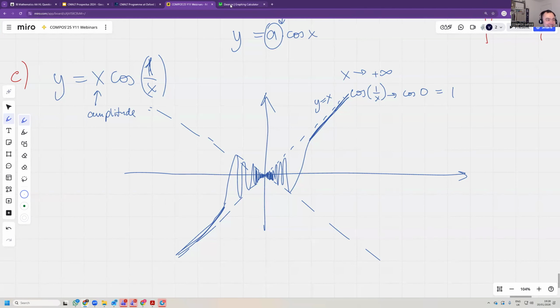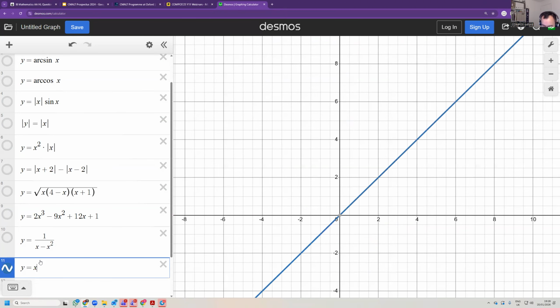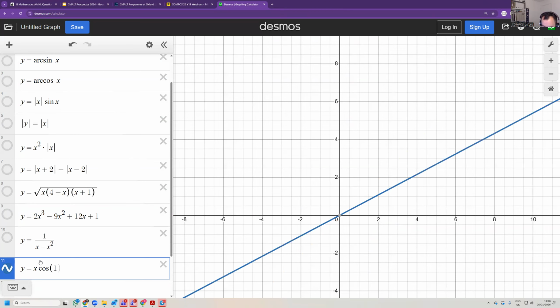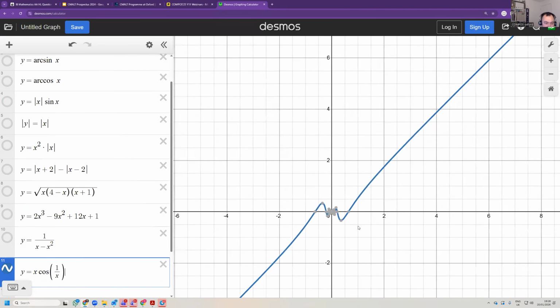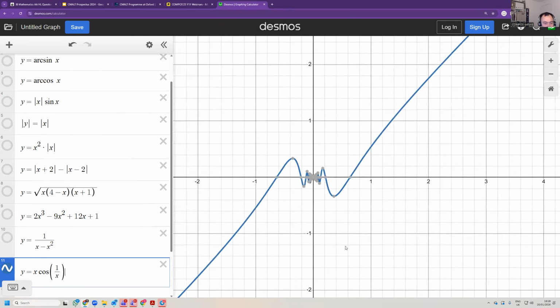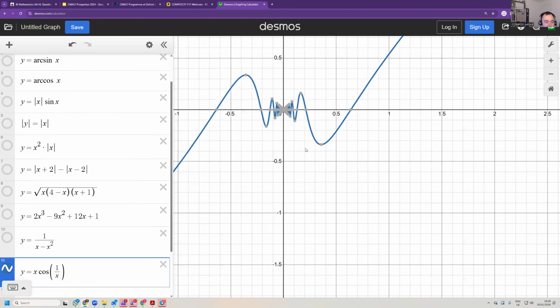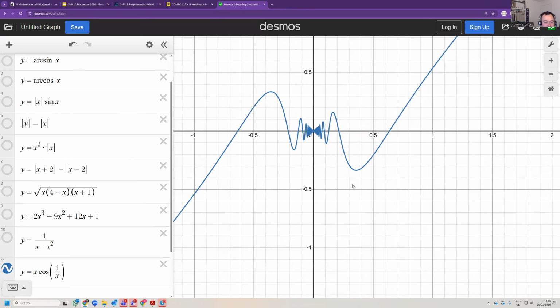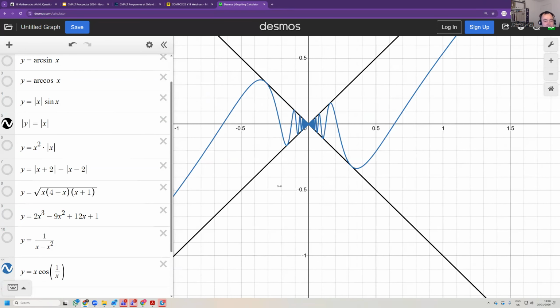And let's see if that is in fact correct. y equals x cos 1 over x. And yes, I was close enough, but not perfectly close.